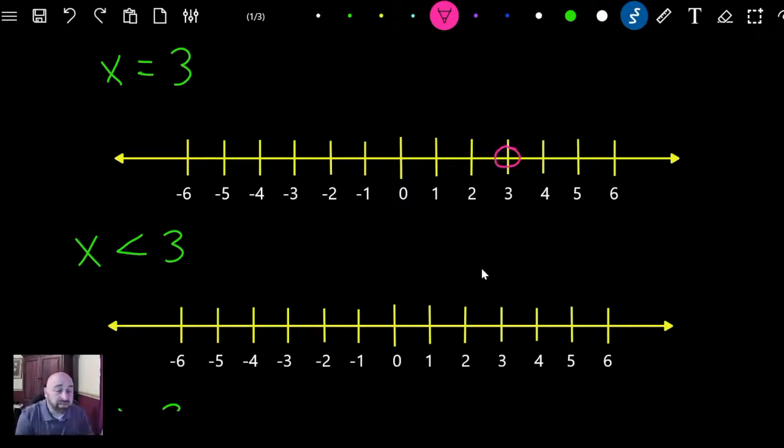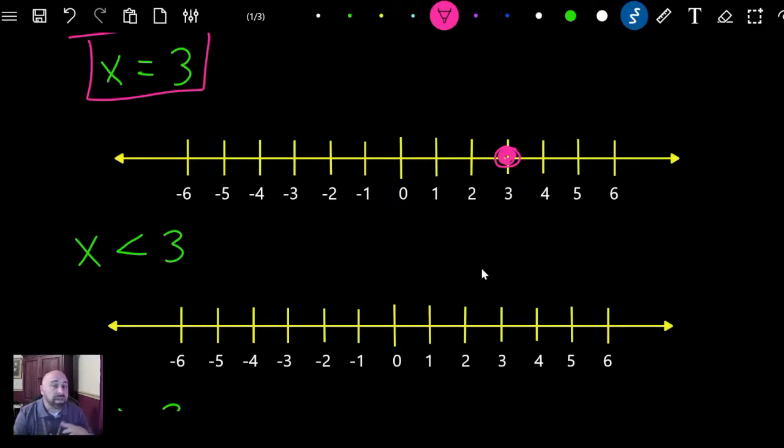Now, to signify that it actually is included, it is equal to 3, we would color in that dot on the number 3. Whenever you color something in on the graph, that means that it is included. So this graph would show that only the number 3 is included in our solution. In other words, the only solution to this problem is the number 3.